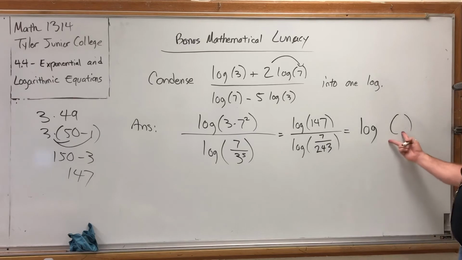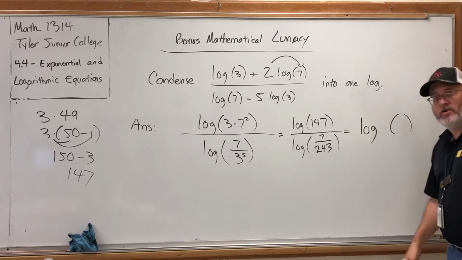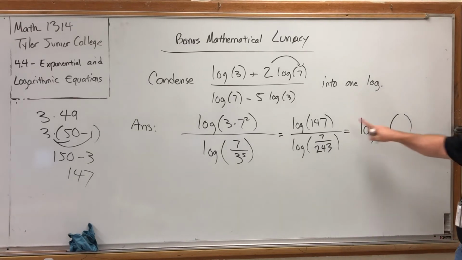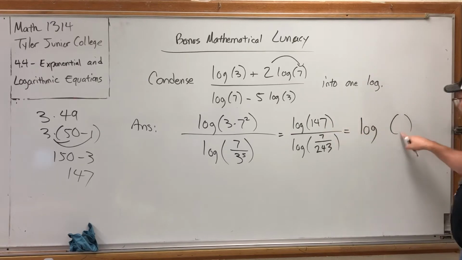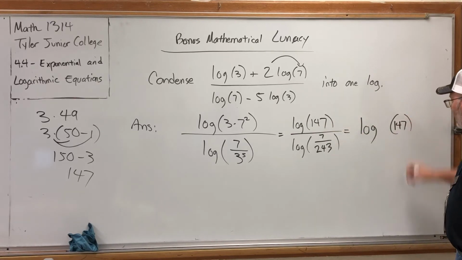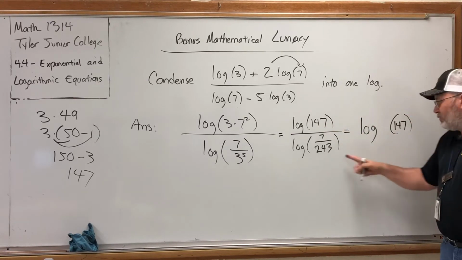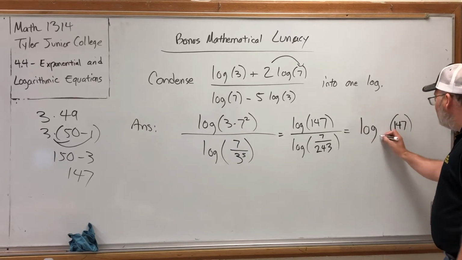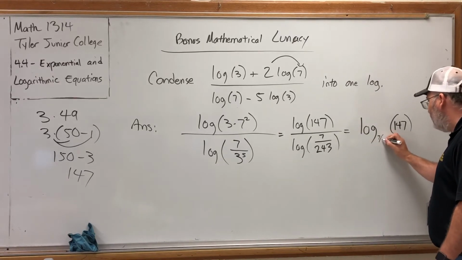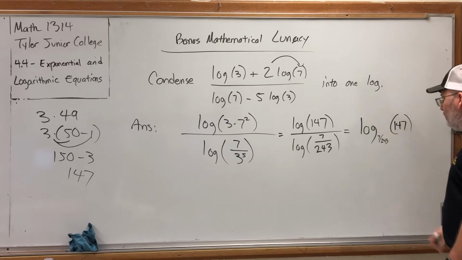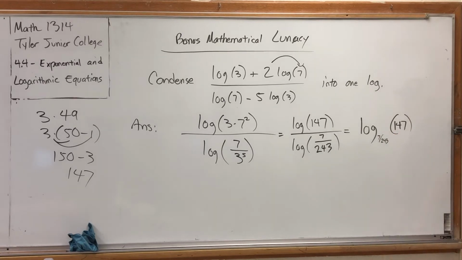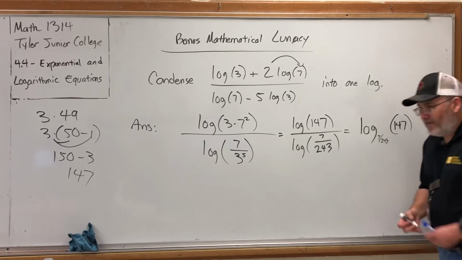It said if you have a logarithm, you can write it as a ratio of logarithms. The original argument is the argument of the numerator, which means this would have been 147. But the original base was the argument of the denominator, which means the base over here is an inconvenient but correct 7 243rds. And therefore that logarithm condenses all the way down to log base 7 243rds of 147.